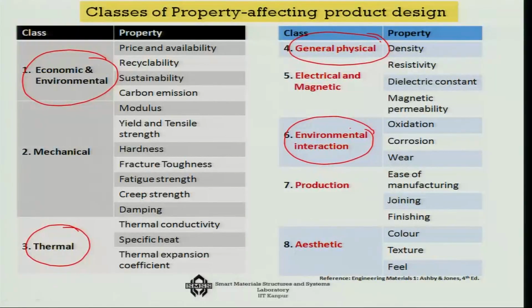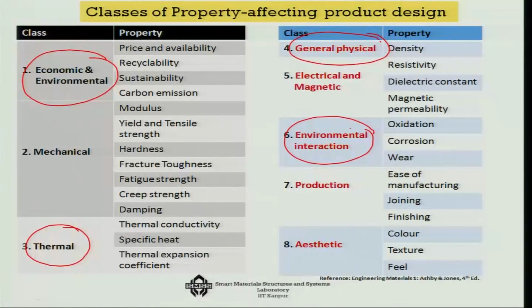Now, in terms of ease of manufacturing, however, iron you can shape much better. Okay, you can work on iron to give various complex shapes, etc., in a much easier manner in comparison to titanium. So, from the ease of manufacturing point of view, a material, even though it may have other good mechanical properties, may not be suitable.